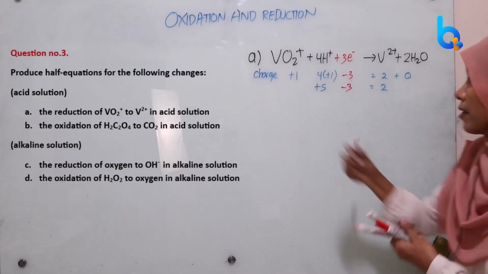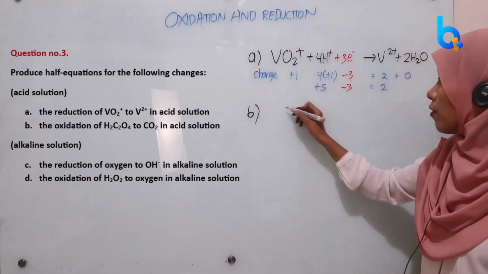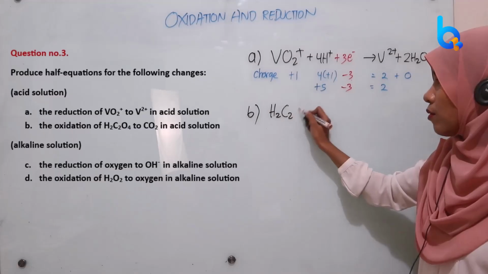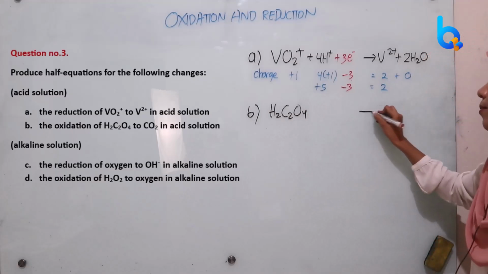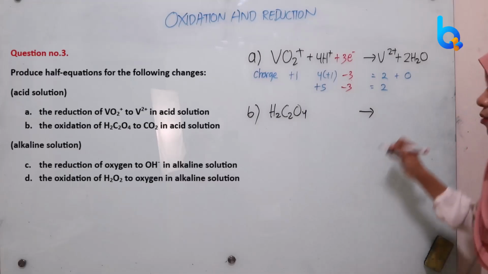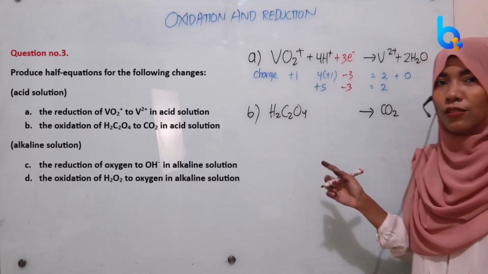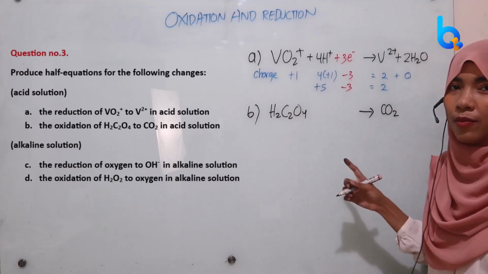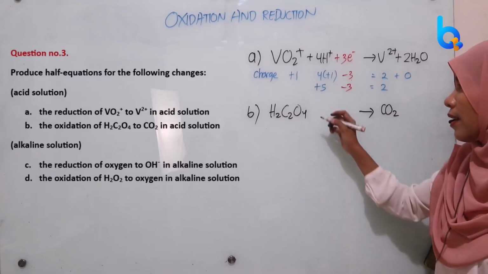Okay, next, number B, still in acid solution, the oxidation of H2C2O4 turning into CO2. Again, save some space here. Let us do step 1 until 4. The first step, we balance all other elements other than oxygen and hydrogen.